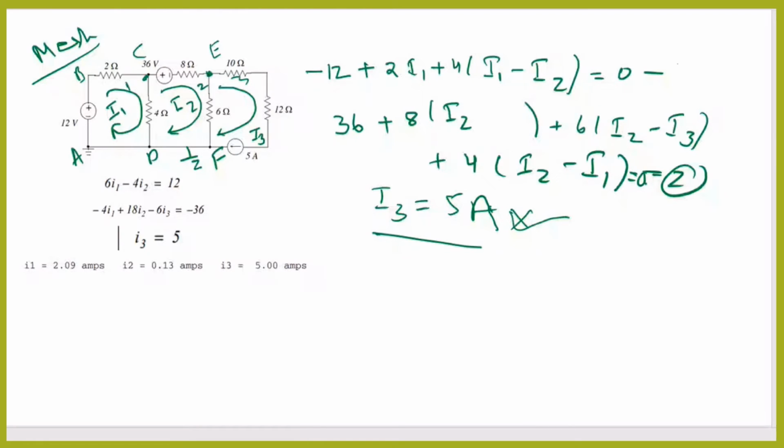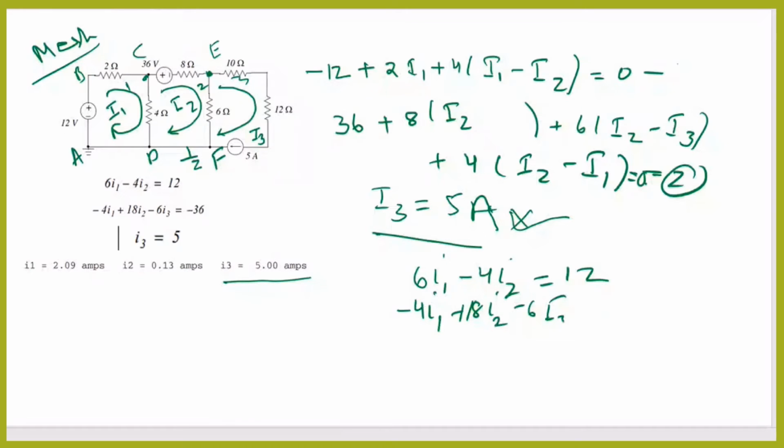Now substitute this I3 value here and you will get two equations and two unknowns. So here 2I1 plus 4I1, that is 6I1 minus 4I2 is equal to 12. This is the first equation. The second equation is minus 4I1 plus 18I2 minus 6I3 is equal to minus 36.